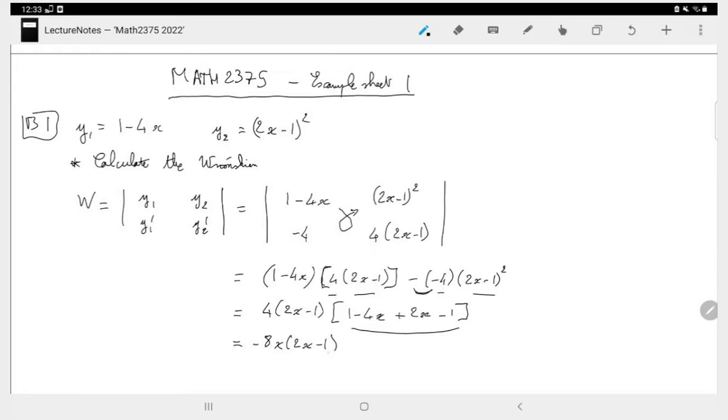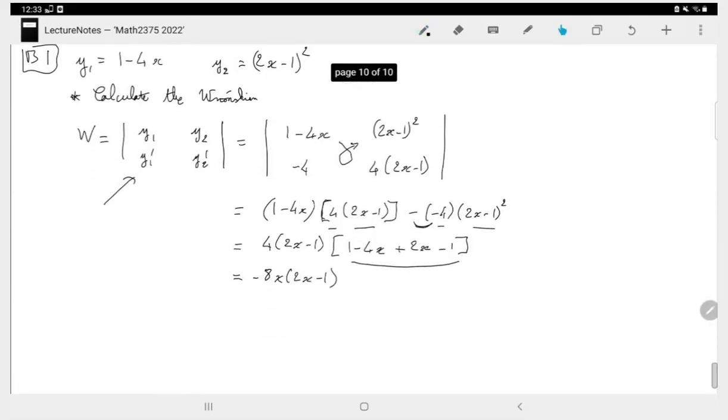And there will be two special points that are going to be associated with these two functions, y1 and y2. These two special points are effectively when this matrix that I wrote down here is singular, in other words, when the Wronskian is equal to 0. So let's have a look at what these two special points are.